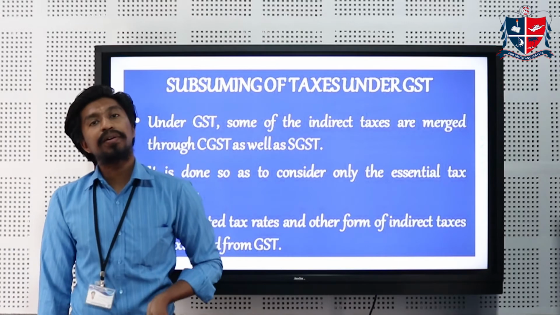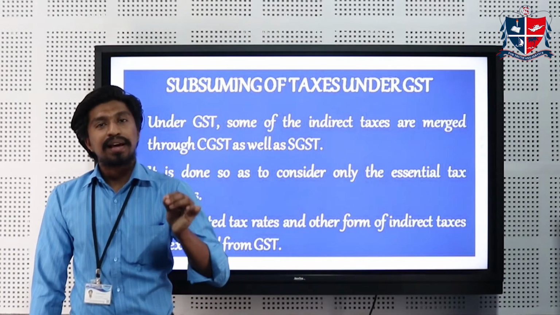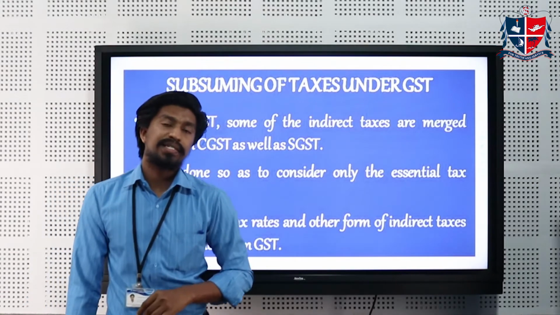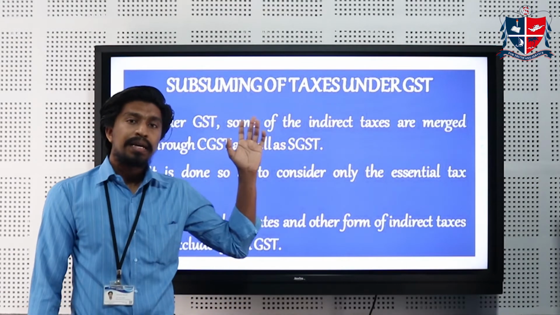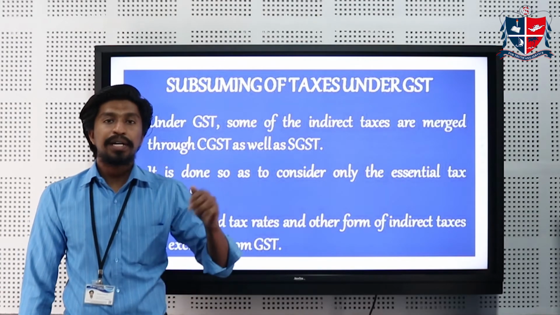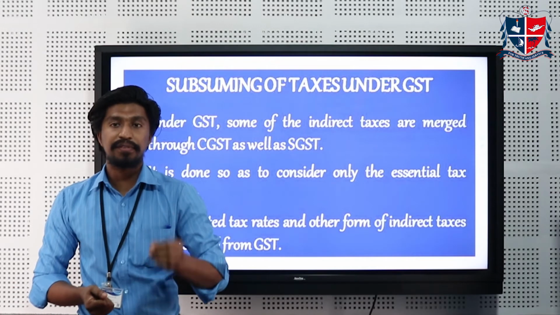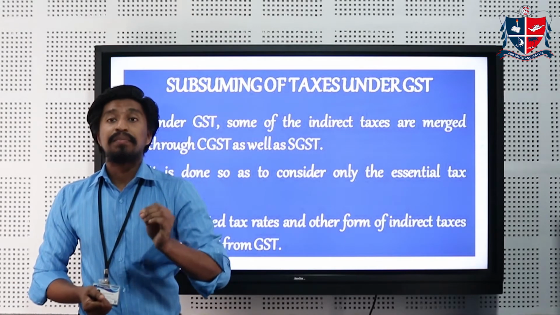So as a starting point, government eliminated all unwanted tax systems which were prevailing under the VAT system. And during the time of GST planning, government decided to subsume different tax elements.